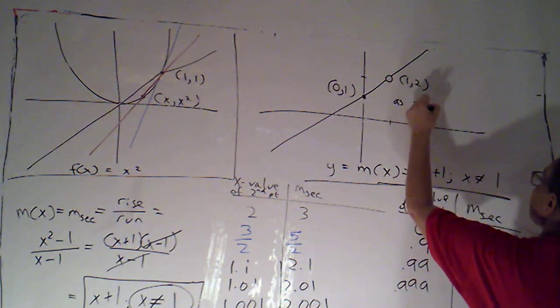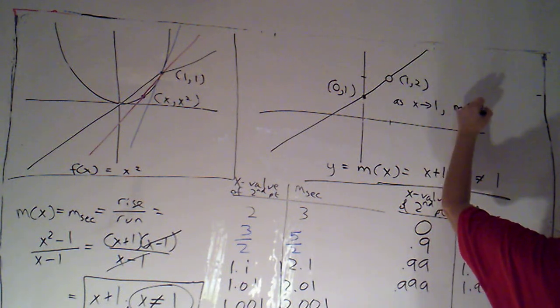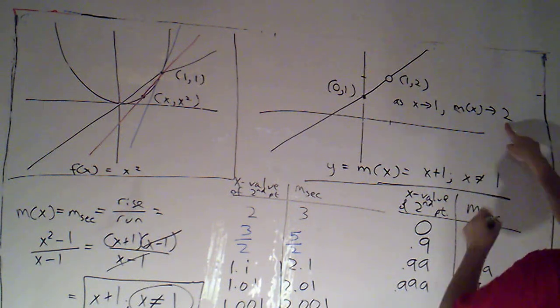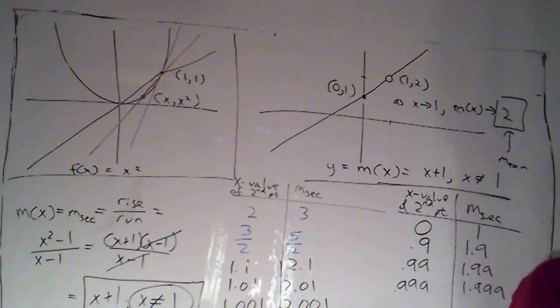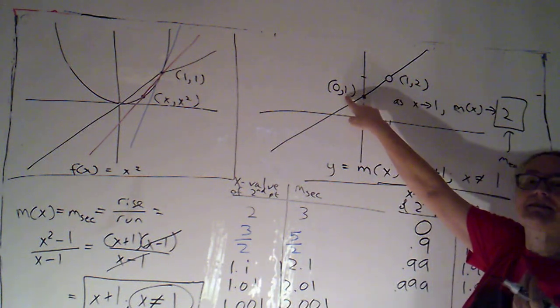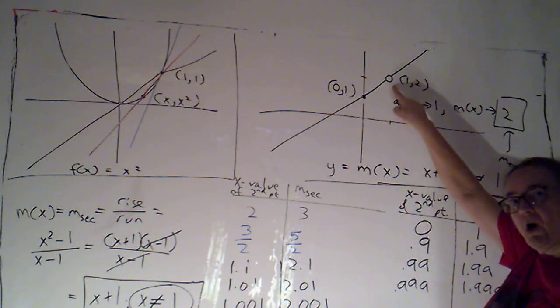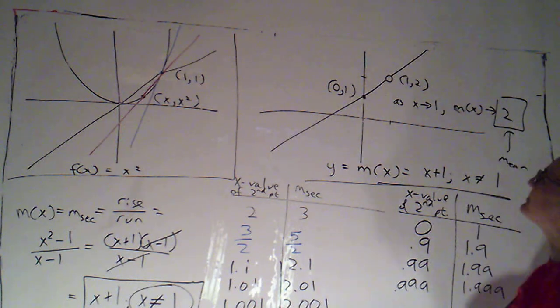So we can say as x gets close to 1, m of x gets close to 2, that is the slope of the tangent line. So the y value of a point is the slope of a secant line. The y value of the hole is the slope of the tangent line.